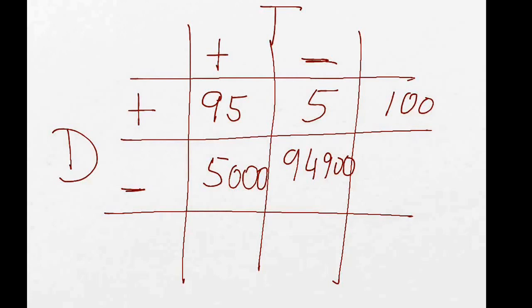How many people test positive? 5,095. How many people test negative? 95,905.